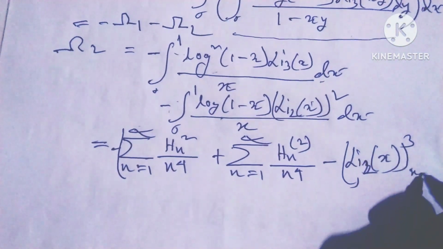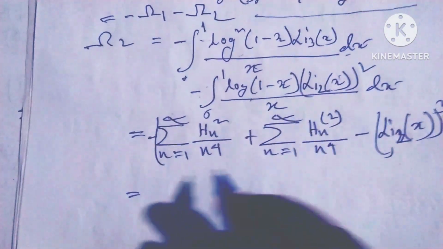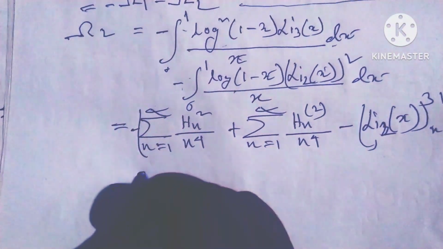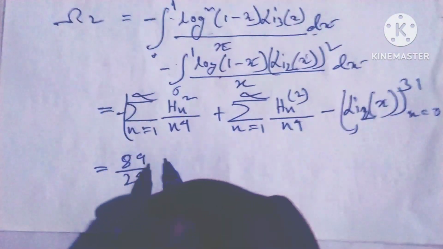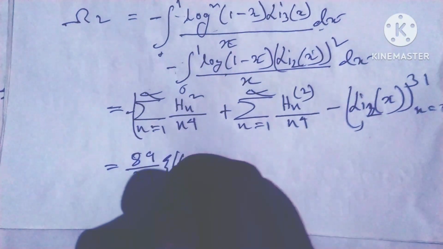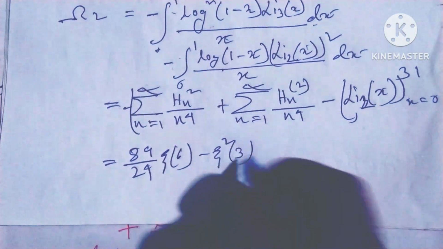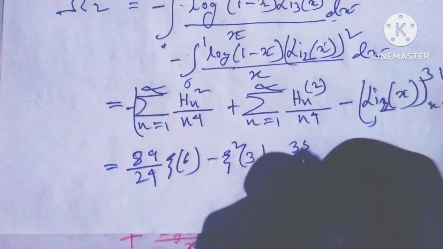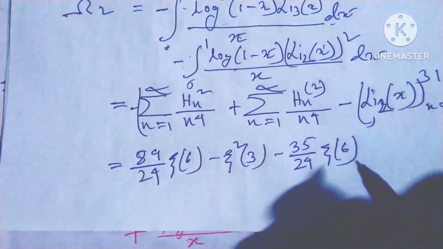So x goes from 0 to 1, and after that it can be written as 89 divided by 24 zeta(6) minus zeta squared(3), and this portion can be written as minus 35 divided by 24 zeta(6).